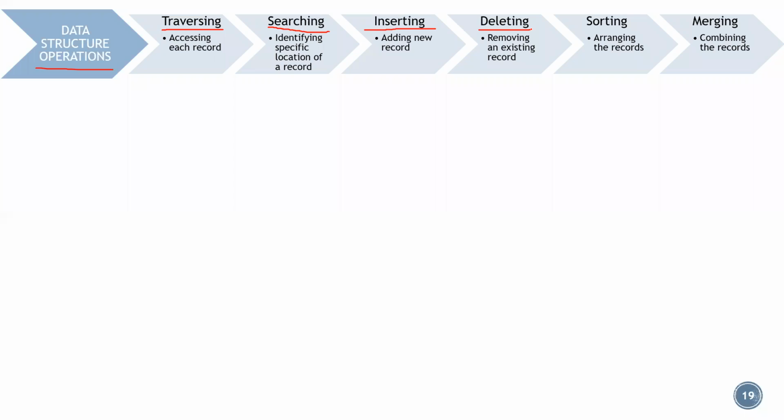If I want to remove data from the data structure, I can do that by deleting it. Then if I want to arrange the entire data in ascending or descending order, I can do that. Now, if I want to combine two data records or two data elements in the data structures, I can perform that. So these are a few operations which we can perform on the data structure.